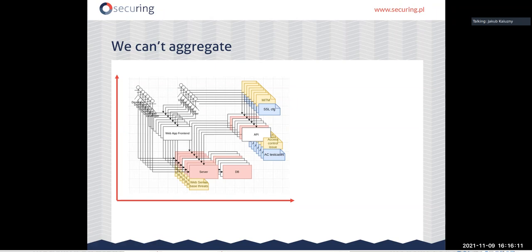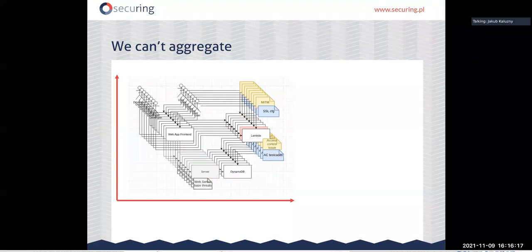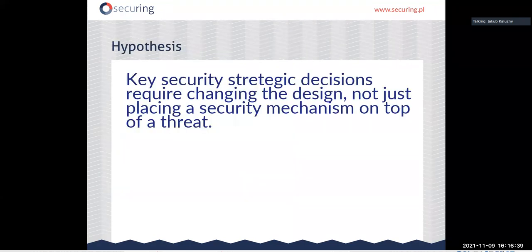And then when we introduce the axis, we may find out that the server component lies a little bit more to the left, because if we used, for example, Lambda functions, the server component wouldn't be vulnerable at all, and the exploits and issues in the Lambda function will happen much less frequently than when it happens in the API, right? So we can't aggregate without this information on the axis.